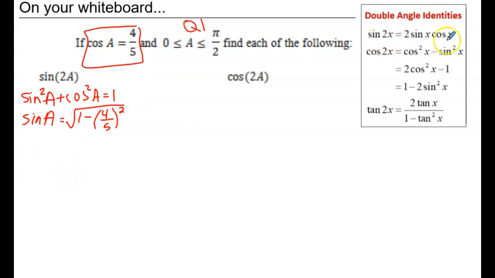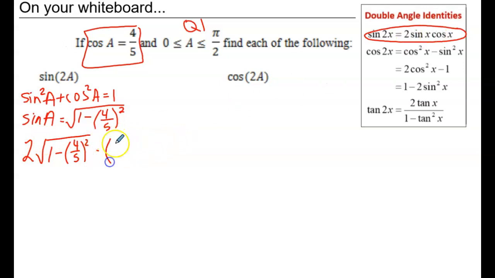Okay, then we can go ahead and use our double angle identity for sine, which is 2 times the sine of the angle, and the sine of A we just found is the positive square root of 1 minus 4/5 quantity squared, and that gets multiplied times the cosine of the angle, and that's given as 4/5.